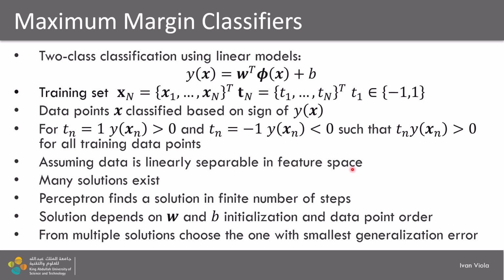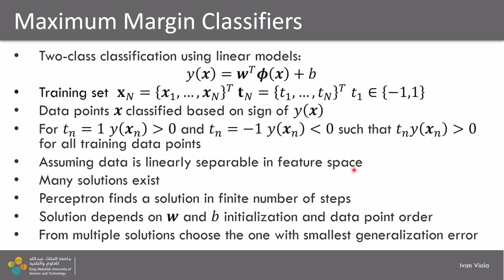But even if we have that, the solution is not really unique. We have several solutions here because we can put the line at a slightly different angle, or slightly shifted towards one direction, and it will still define the linear separation. So not one solution, but many solutions exist.